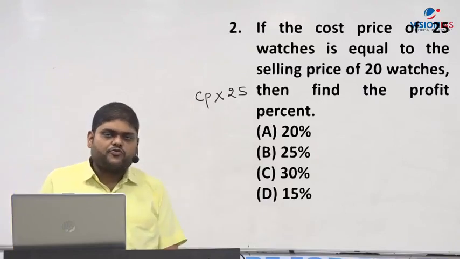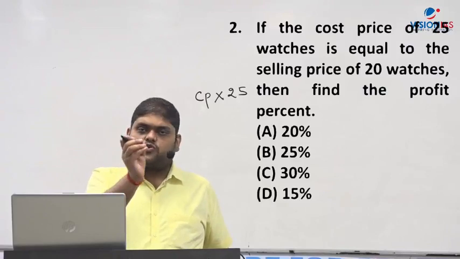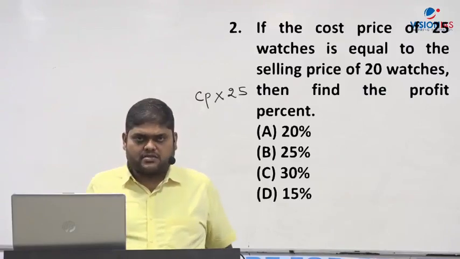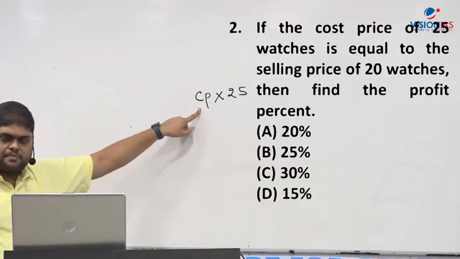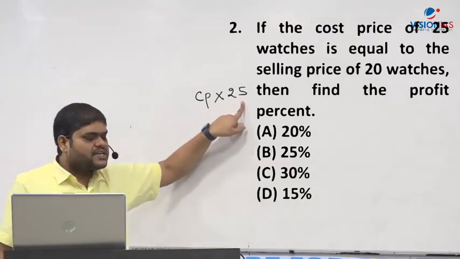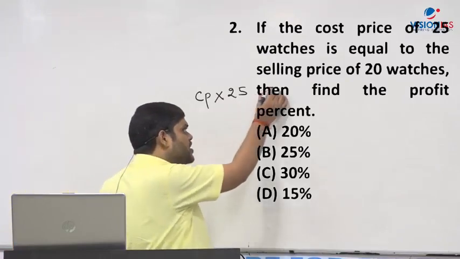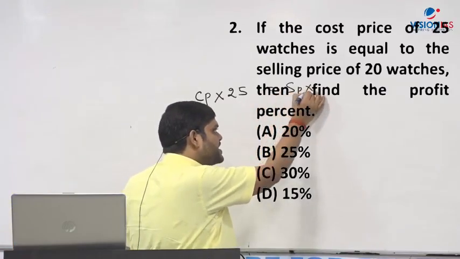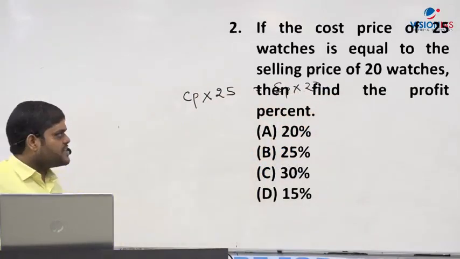Suppose the cost price of one watch is 10 rupees. So the cost price of 25 watches is 25 into 10, 250 rupees. Same logic here. Let the cost price of one watch be CP. So the cost price of 25 watches is 25 CP. And this is equal to the selling price of 20 watches.